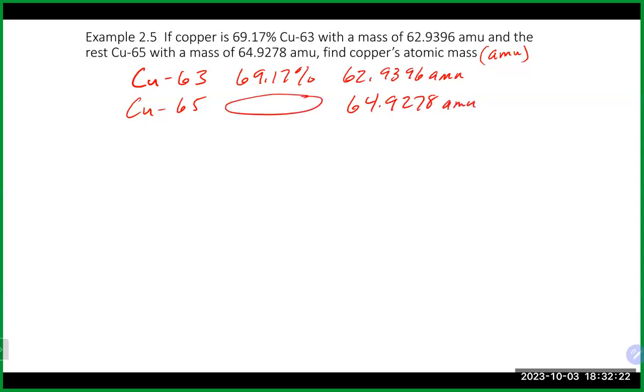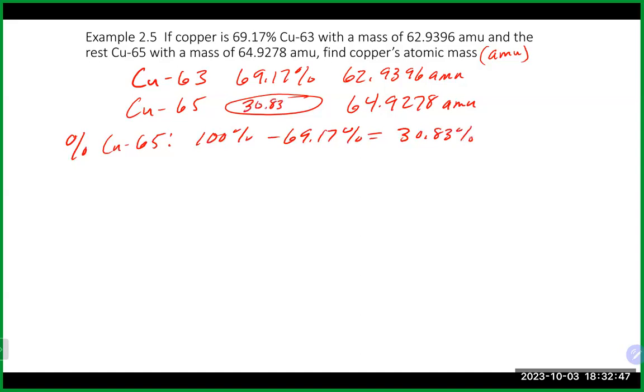Once again, they did not give us the percentage of our copper 65, assuming probably correctly in this case that there's just these two isotopes, so all the naturally occurring ones. We could get the percentage of our copper 65 by subtracting from 100%, right? So take 100% minus 69.17% gets us about 30.83%, which would be our missing percentage that we need for the calculation.